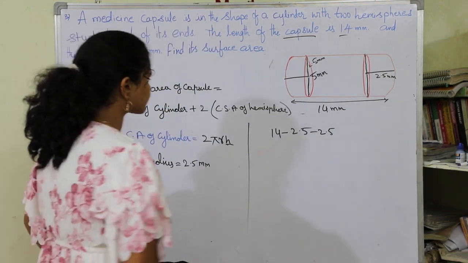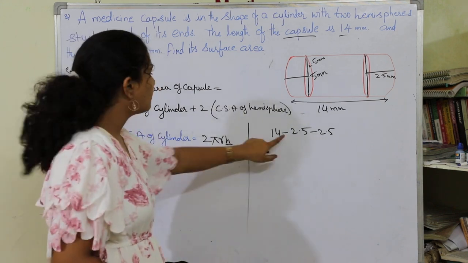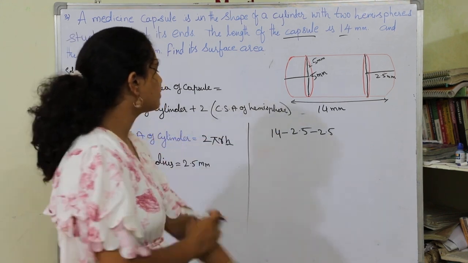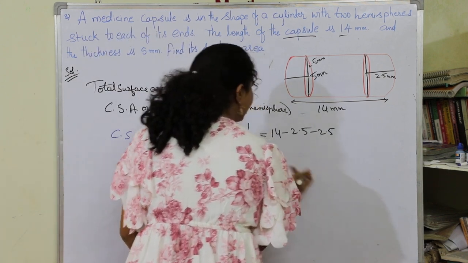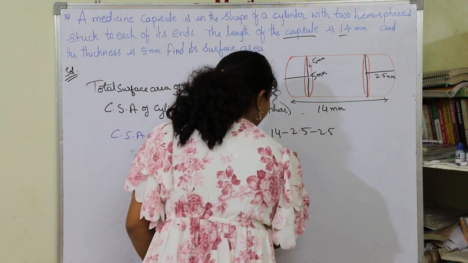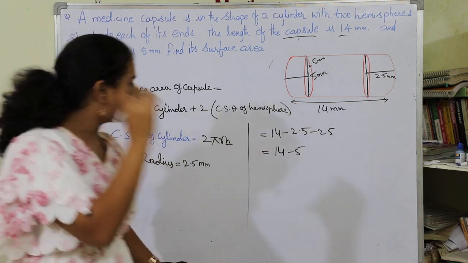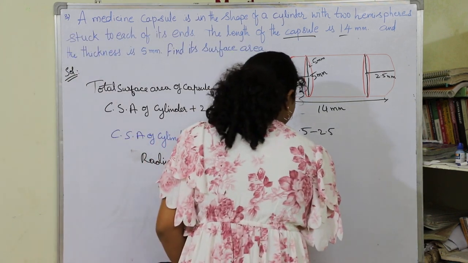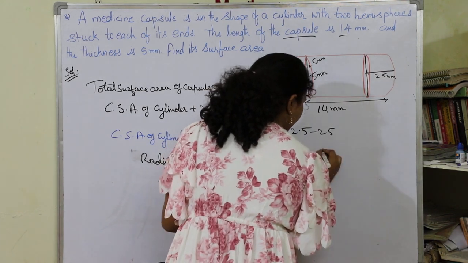So here, 14 minus 2.5 minus 2.5. Minus 2.5 minus 2.5 gives minus 5, right? So now 14 minus 5 gives 9.